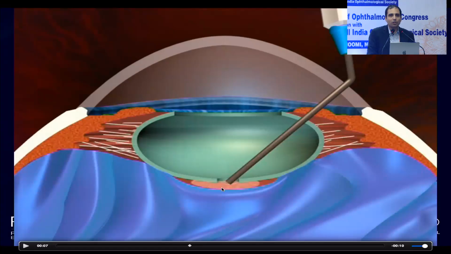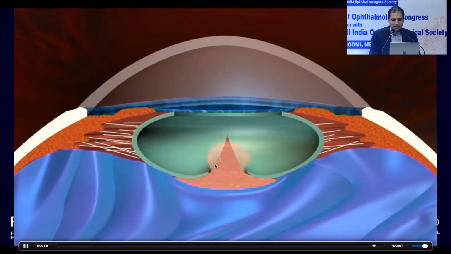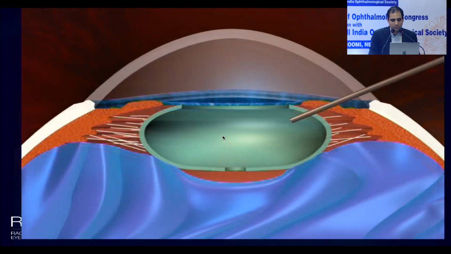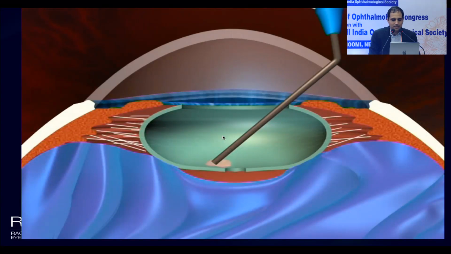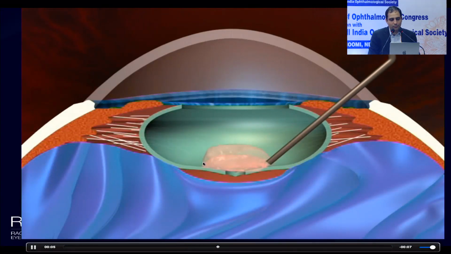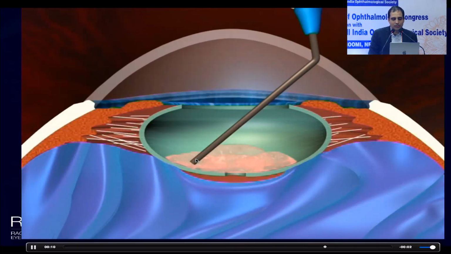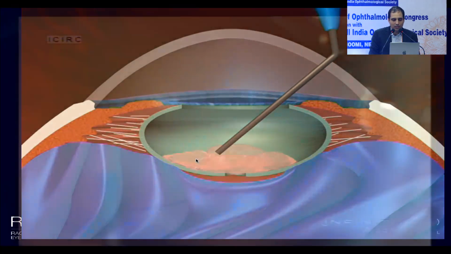I would be a little cautious in doing that, particularly with a very cohesive viscoelastic, because sometimes you tent up the rest of the posterior capsule very much, and that causes a lot of posterior pressure, which can sometimes lead to an uncontrolled tear of the posterior capsule. So I think it's best to inject it on both sides of the tear or the puncture that you have created, rather than through the hole. That will allow you good control.